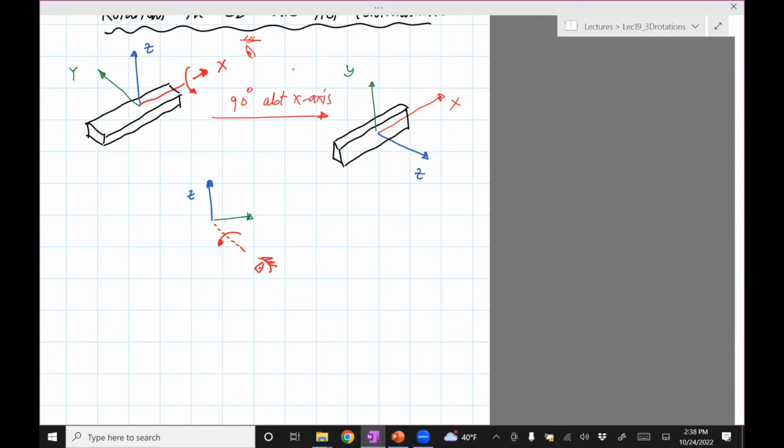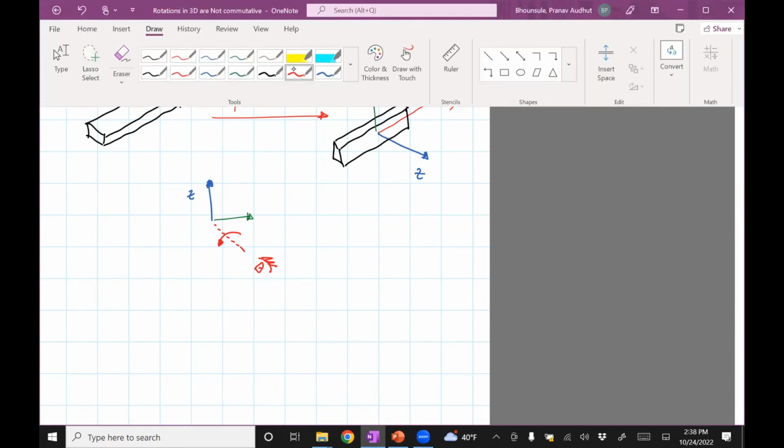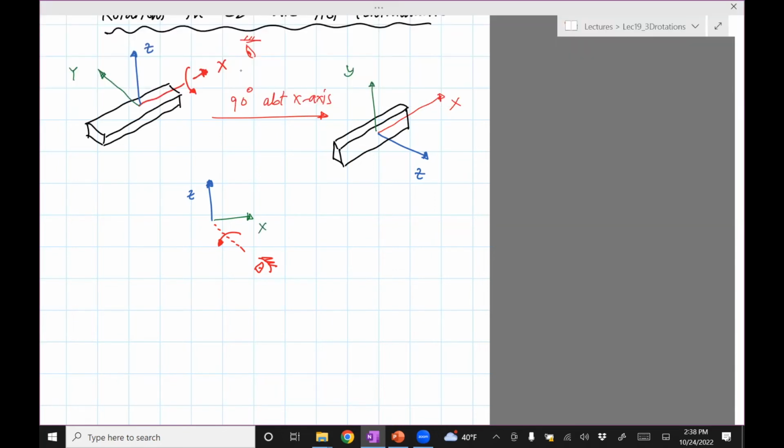Now if you rotate it and keep the trend of that curve, the arrow remains at the head of the other. So this is a limitation of the drawing. I see. Okay.